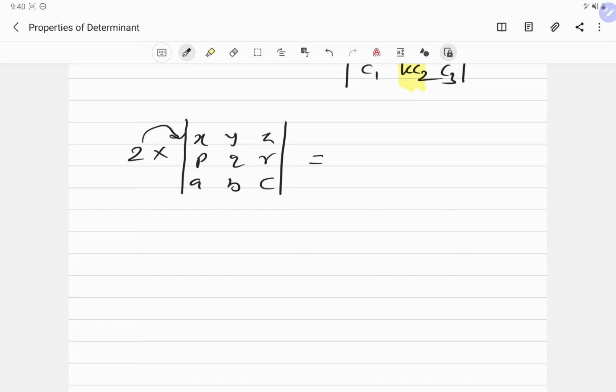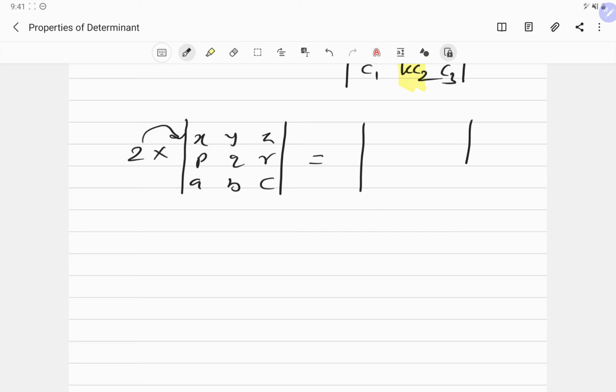If you want, you can multiply this 2 to the first row, or to the second row, or to the third row, or to the first column or second column or third column, whichever you want, but make sure that it is the requirement of the problem. So we always multiply these constants inside the determinant as per the requirement of the problem.